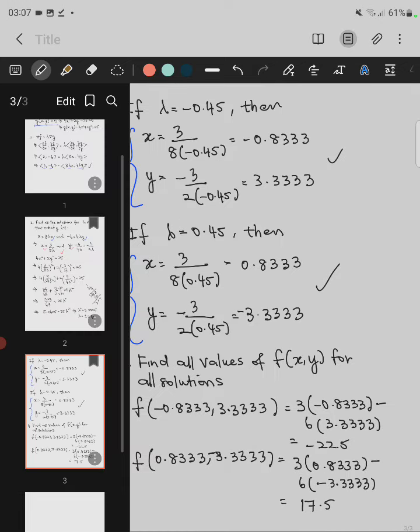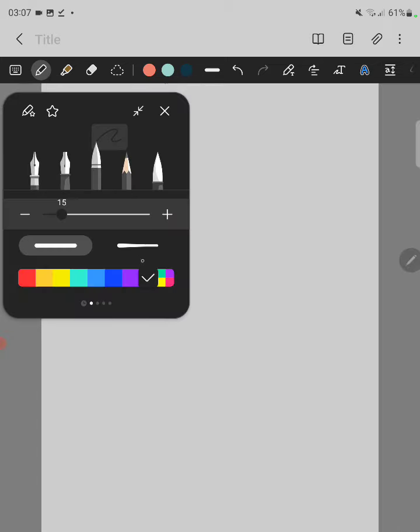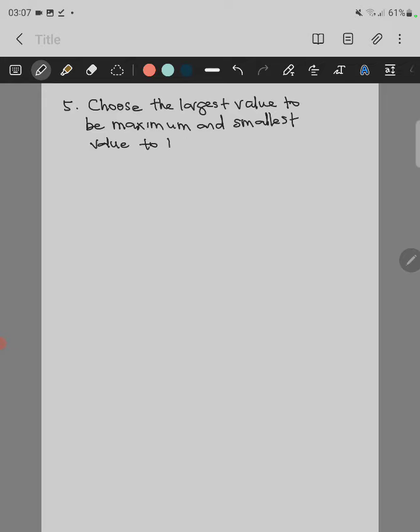In the last step, we just choose the largest value to be the maximum and the smallest value to be the minimum.